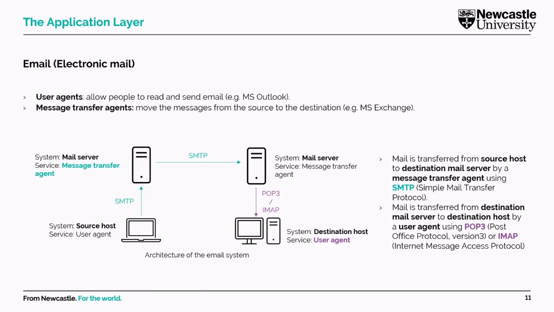That's a process on your machine, like Microsoft Outlook, which allows you to draft the emails and then send those over. Those don't get sent directly to the destination machine; they get sent to a mail server, which is on Microsoft premises or in the cloud. To do that, which is called a push protocol, they use SMTP, or Simple Mail Transfer Protocol, to push email from your machine to the mail server.